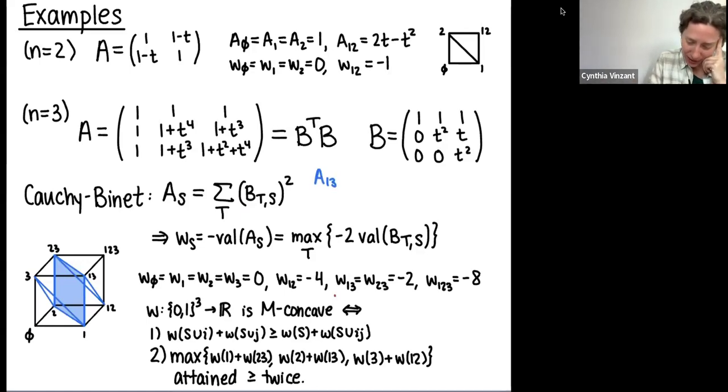The 1-3 minor. So we're interested in this determinant. I mean, we can calculate it out.